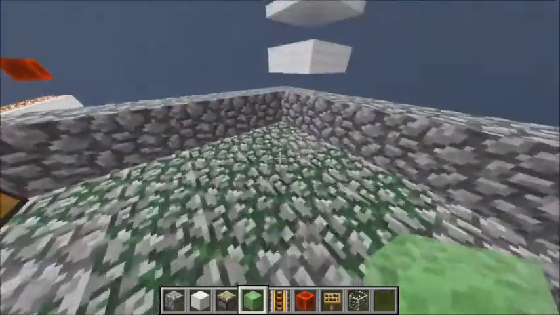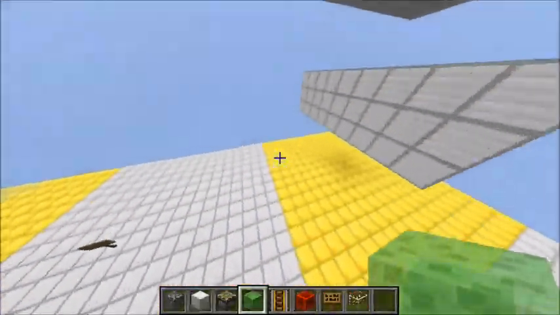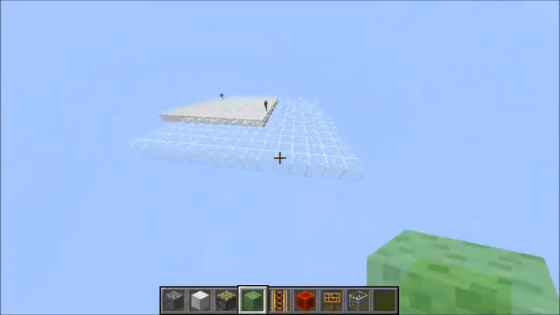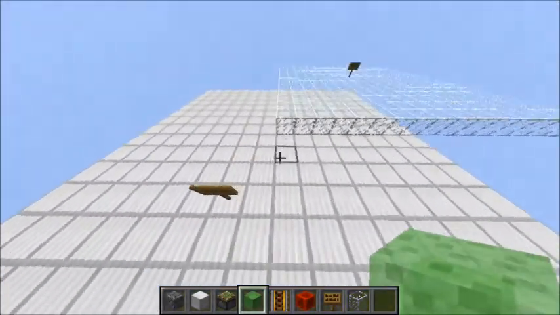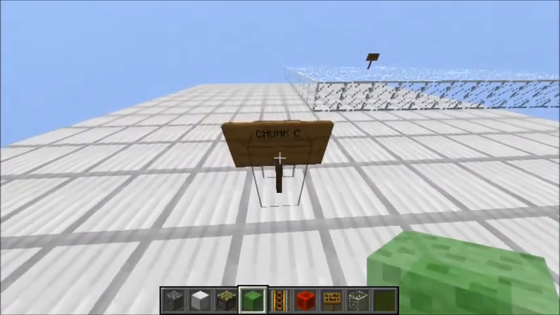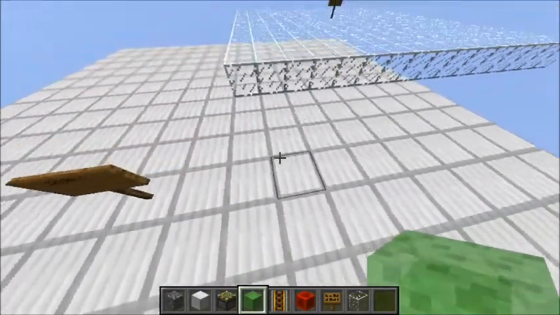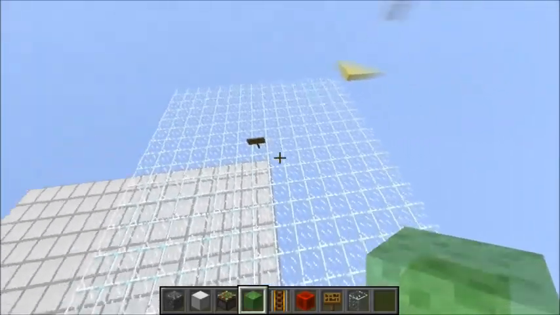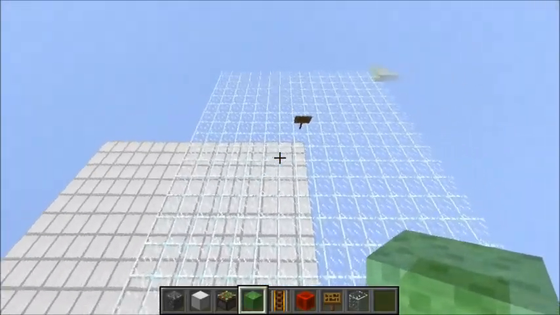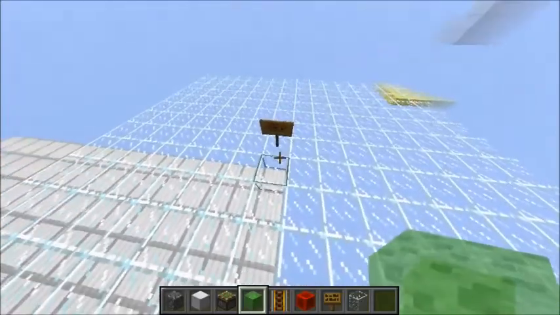So first of all, we have spawner generation based on world population. When this chunk right here gets populated, chunk C, in all the locations where these glass blocks are, a spawner can generate. And this is the actual spawner block.